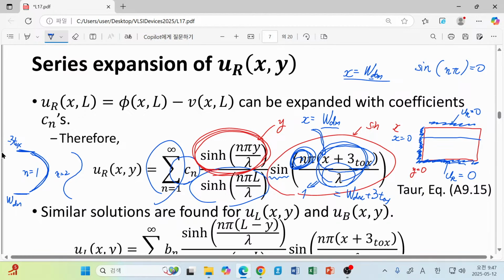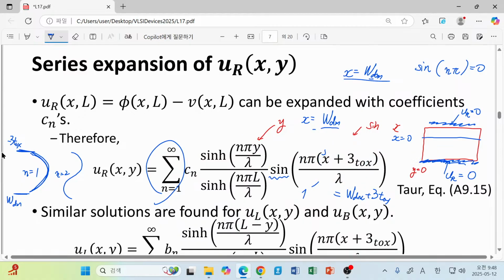And if we go to even higher values like n equals 3, 4, 5, then we can have more and more half cycles inside it. But anyway, regardless of the value of n, that will give us the correct boundary condition. And the only non-vanishing value corresponds to this one.